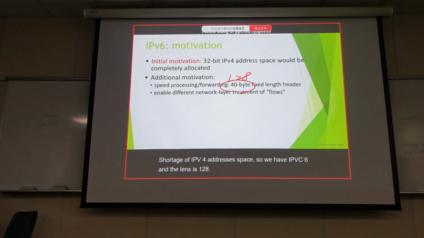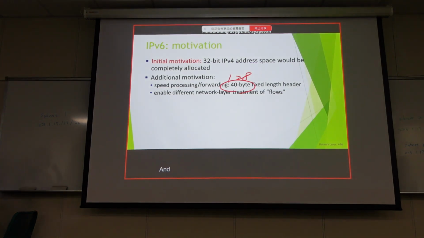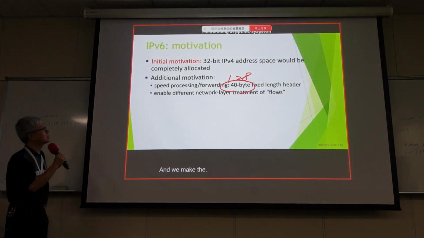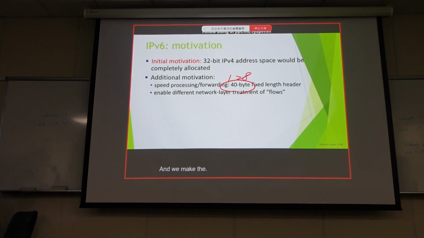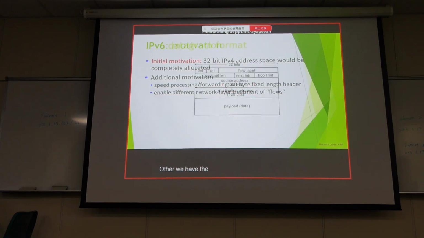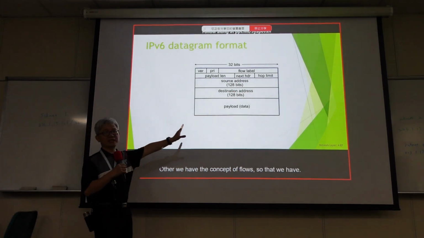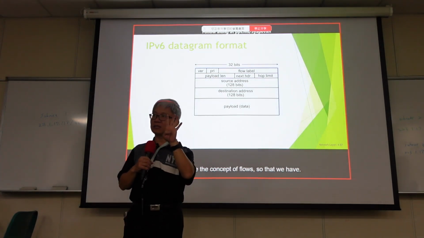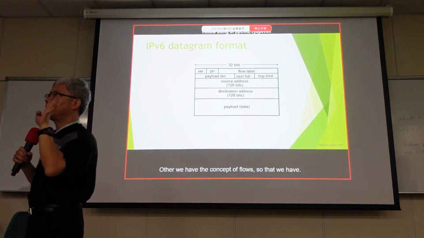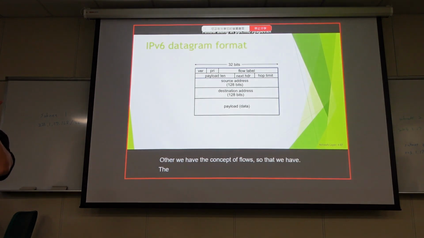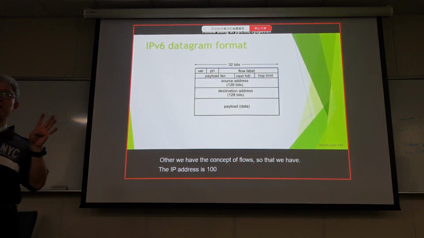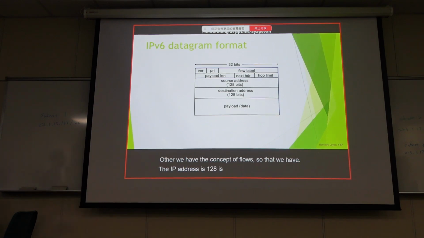And we make the header simple, 40 bytes. We have the concept of flows, so that we have a simplified header. This time not 20, it's 40. Why is it 40? At least because the IP address is 128 bits, so of course we have a longer one.